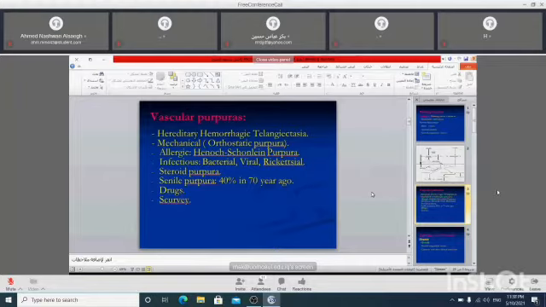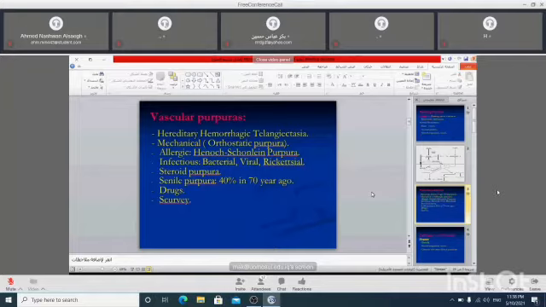Purpura due to steroid therapy: one of the complications of steroids is vascular purpura, and we call it steroid purpura. Also, normally we see senile purpura, اللي هي 40% in 70 years old age, تشوفون purpuric spots عادة تبين على الهاند, dorsal part of the hand. Some drugs cause vascular purpura, and scurvy, that's vitamin C deficiency.